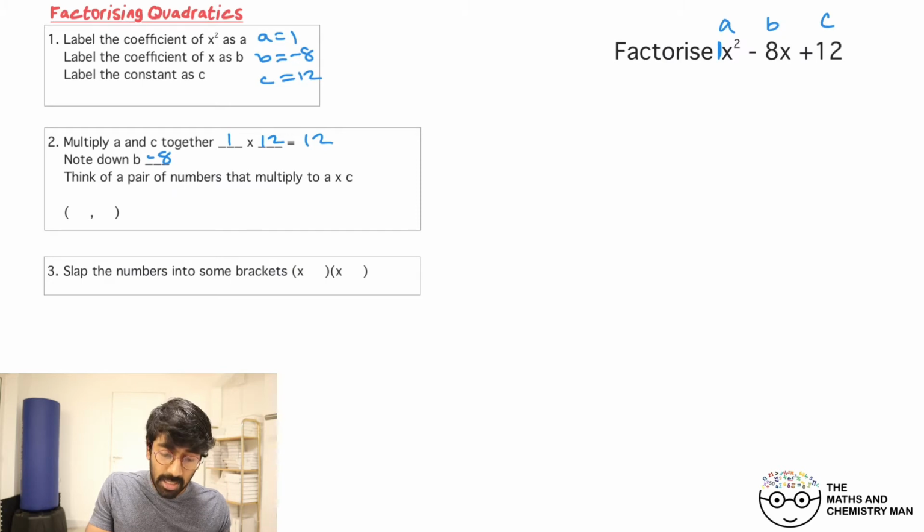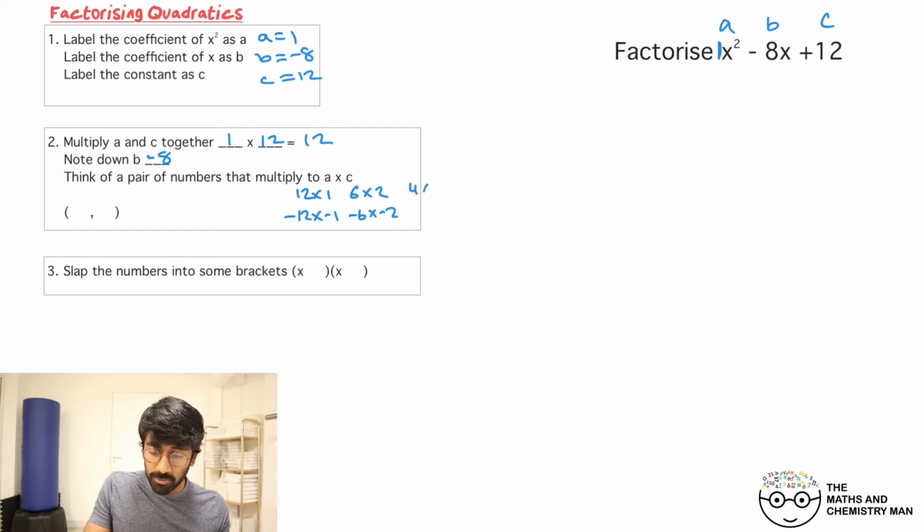Negative 8. Think of pairs of numbers that multiply to a times c, which was 12. So what things multiply to give you 12? Well, we've got 12 times 1, or minus 12 times minus 1. We could do 6 times 2, or minus 6 times minus 2.